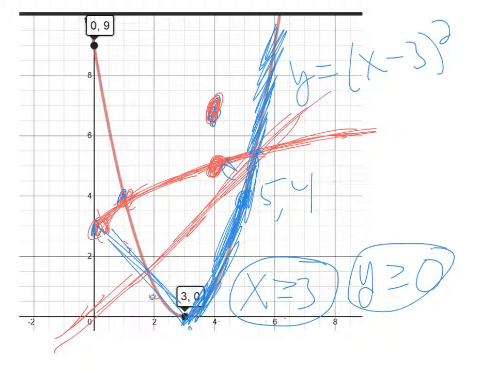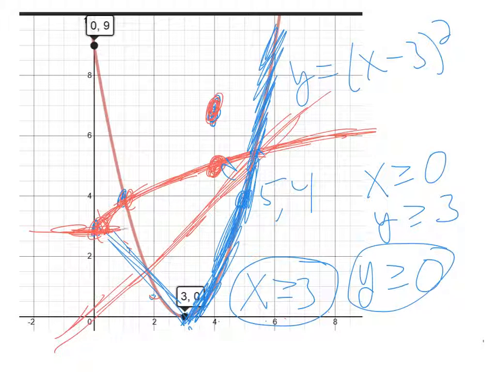Now if we switch x and y, the new x becomes the old y, and the old y becomes the new x. If we take a look at this red graph, the lowest y value on that graph is 3, and then it's going up. The lowest x value on that graph is 0, and then it goes this way. So do you see how that works? And that agrees with our idea about switching and limiting the domain.